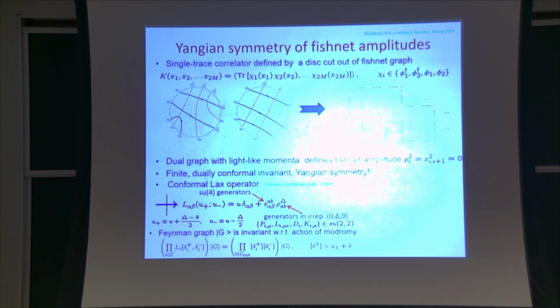And the claim is that the graph itself is the eigenfunction of such monodromy. So if you act by such monodromy on the graph, by integrating over all intermediate coordinates, you get the same graph with some simply calculable eigenvalue, which consists of this u plus delta.